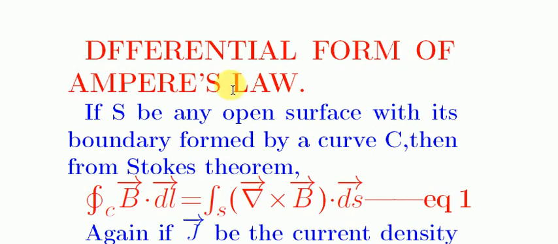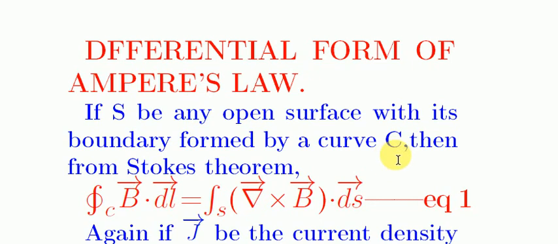Here this open surface is denoted by S, and the closed curve which is associated with this open surface is denoted by C.